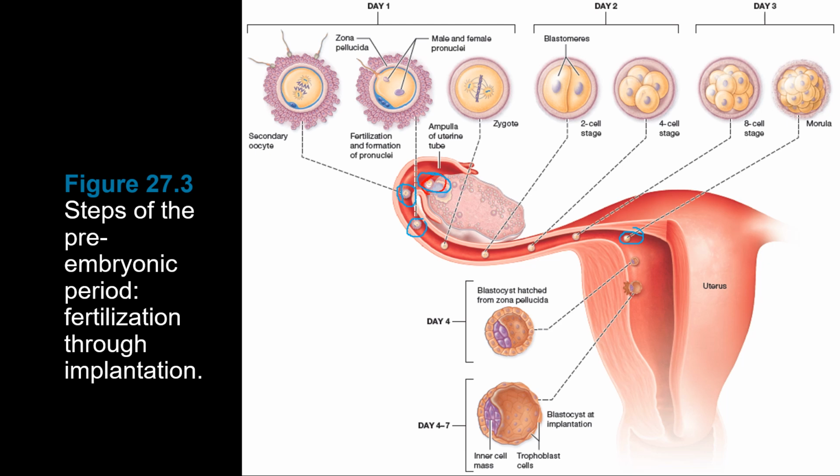And at this point, day 4, we see the blastocyst now released from the zona pellucida, and you have these trophoblast cells and the inner cell mass here, with an inner cell mass here and the trophoblast here. And this is all what occurs at implantation. So once the trophoblast cells are formed, the blastocyst is ready for implanting into the uterine wall.